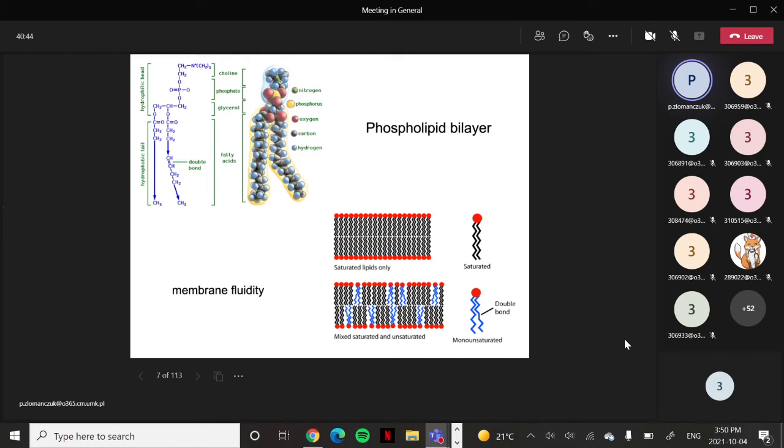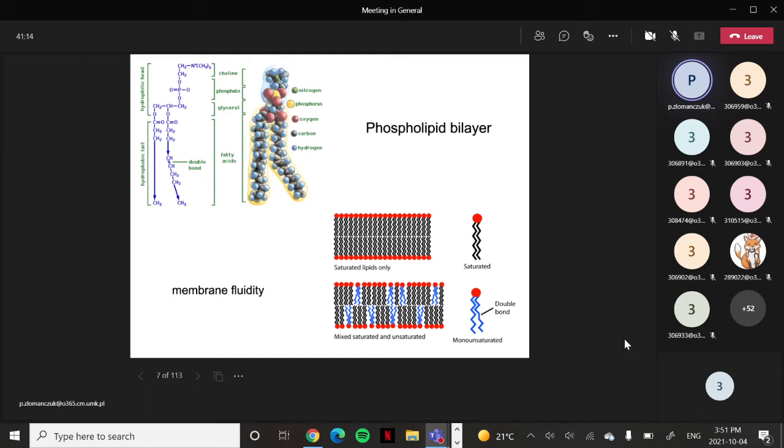Cholesterol tends to bind to phospholipid molecules and therefore limits their movements. So a higher level of cholesterol present in the membrane will decrease the membrane fluidity. There will be less movement of the membrane, which is not that good actually. But still you need some cholesterol there for the proper structural properties of the bilayer.